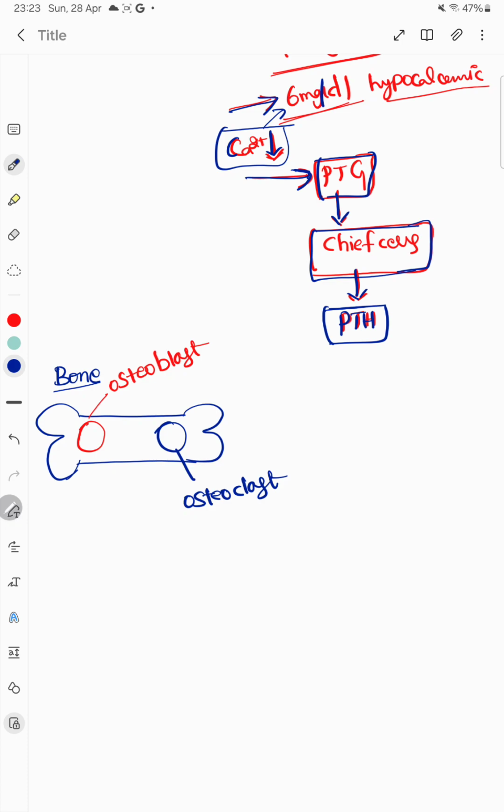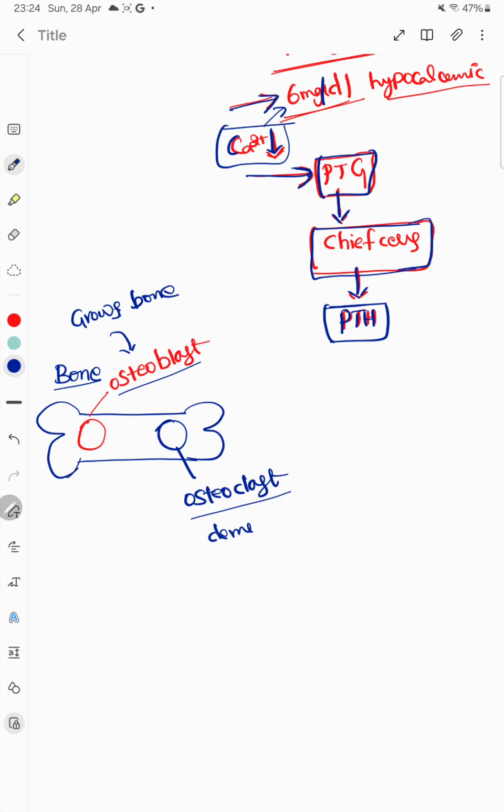These 2 types of cells are major cells in the bone. Now the osteoblast function is, osteoblast strengthens the bone, which means osteoblast grows the bone, improves the bone strength.